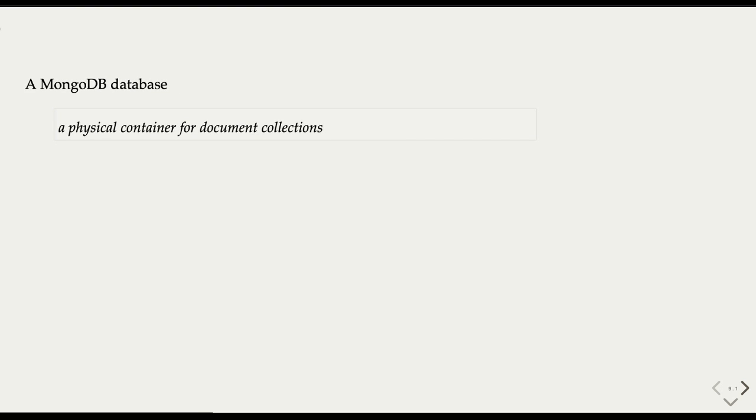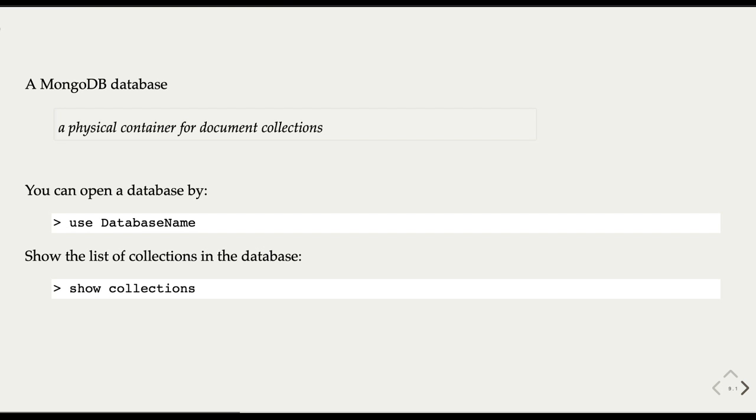Now let's clarify a few concepts here. A MongoDB database is a physical container for document collections. So you can have a number of collections in a database. To use or open a database, you type use and then the name of the database.